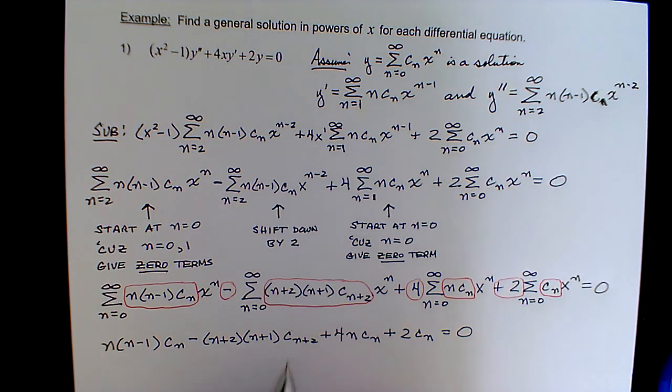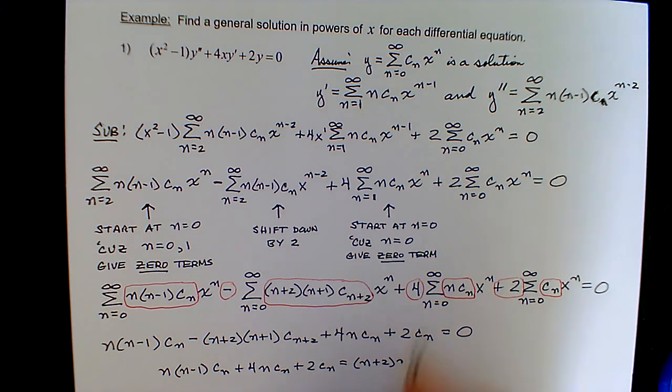If I move the c sub n plus 2 to the right, that would be positive. So let's do that. n minus 1 c sub n plus 4 n c sub n plus 2 c sub n would be equal to the n plus 2 times the n plus 1 c sub n plus 2.